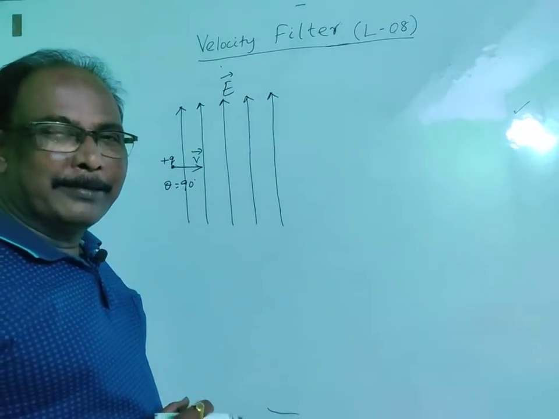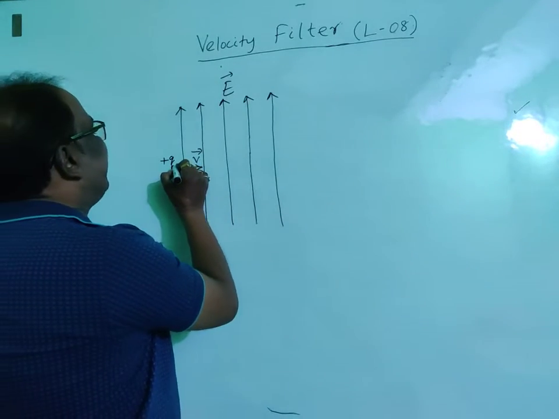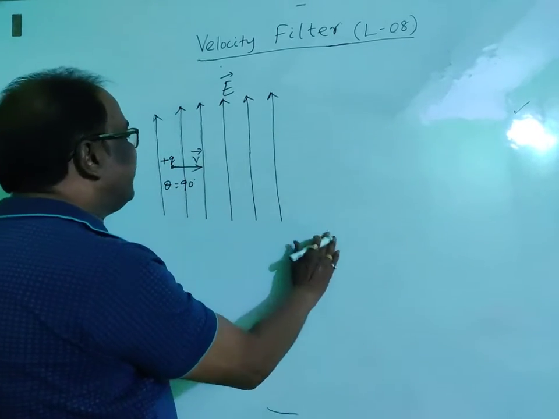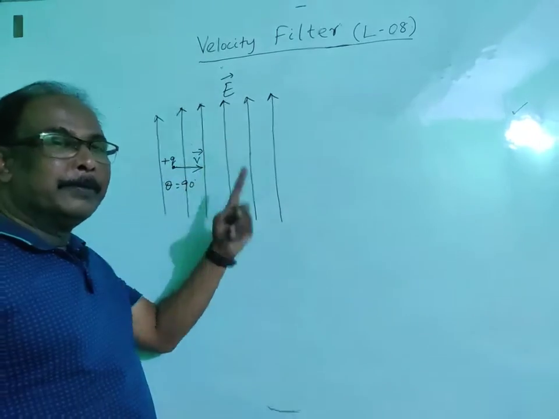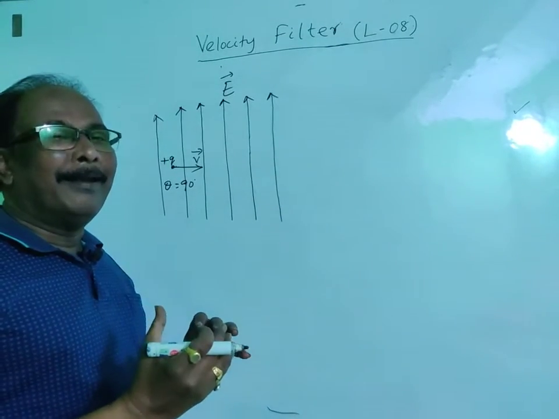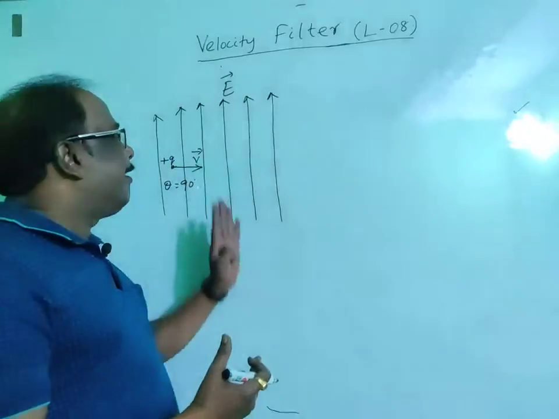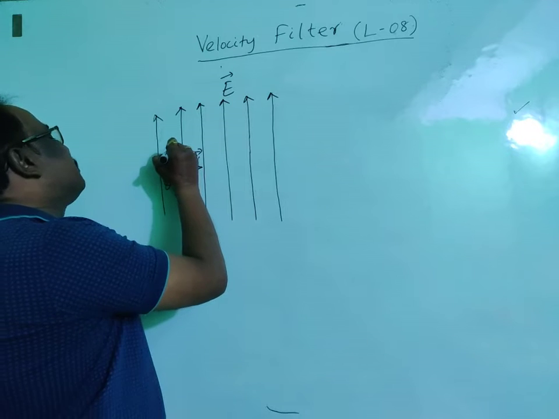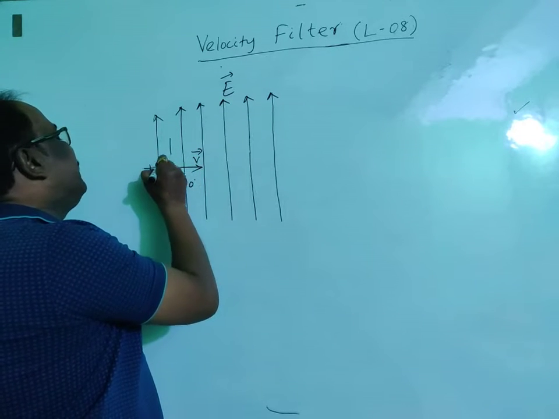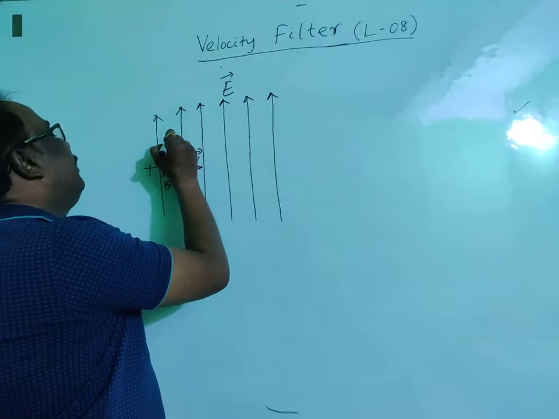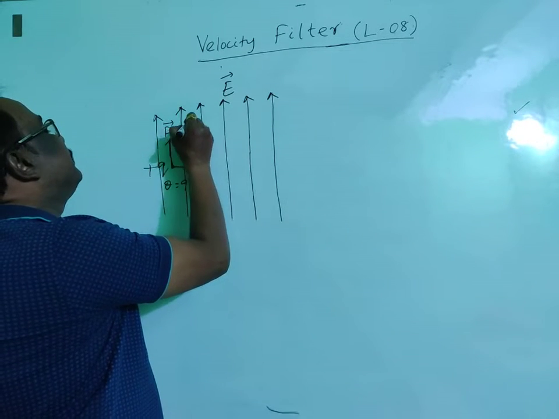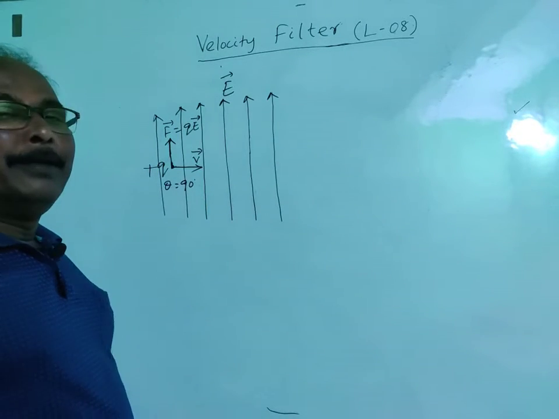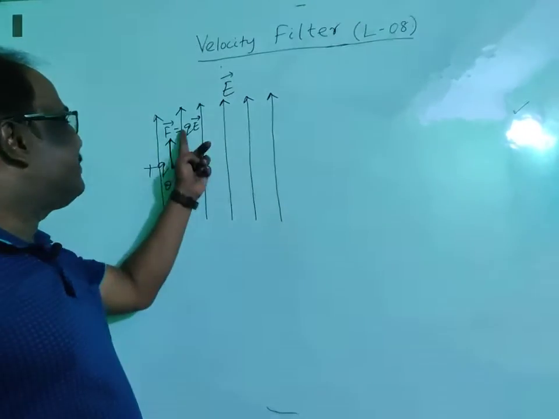As we have discussed, this is a positive charge and the direction of the electric field is upward. So this positively charged particle experiences a force along the direction of the field, upward, and the magnitude of the force is QE.